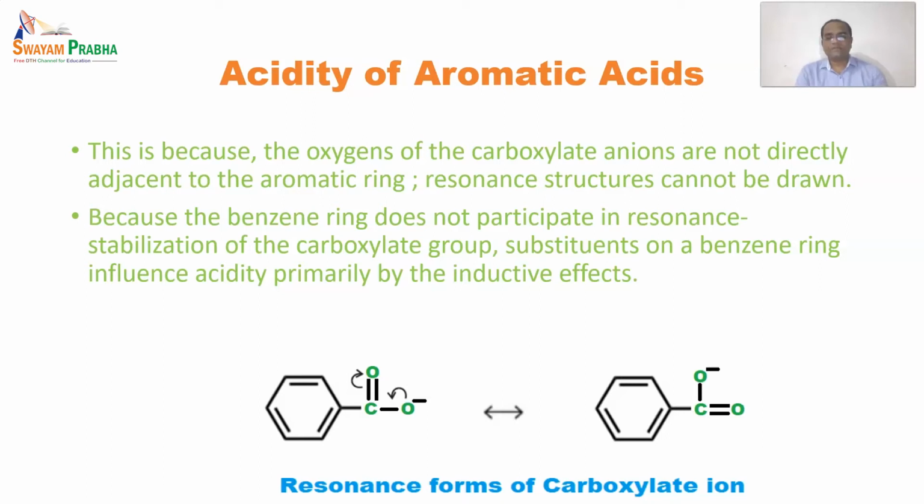Inductive effect simply means a polarity between two atoms, and this polarity is within the sigma bond, or sigma electrons. Whenever it comes to a pi bond or certain other multiple bonds, it becomes a mesomeric effect or electromeric effect. So here we are talking only about the inductive effect. So the inductive effect will influence the acidity, and it will be either plus I or minus I.